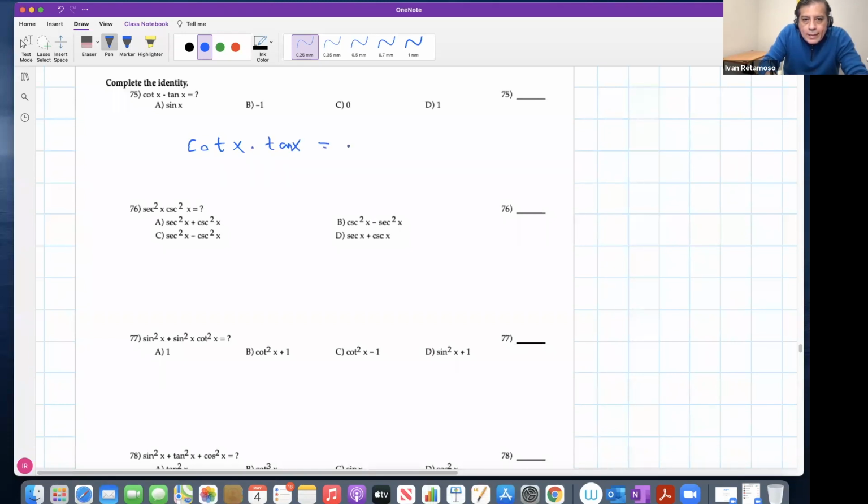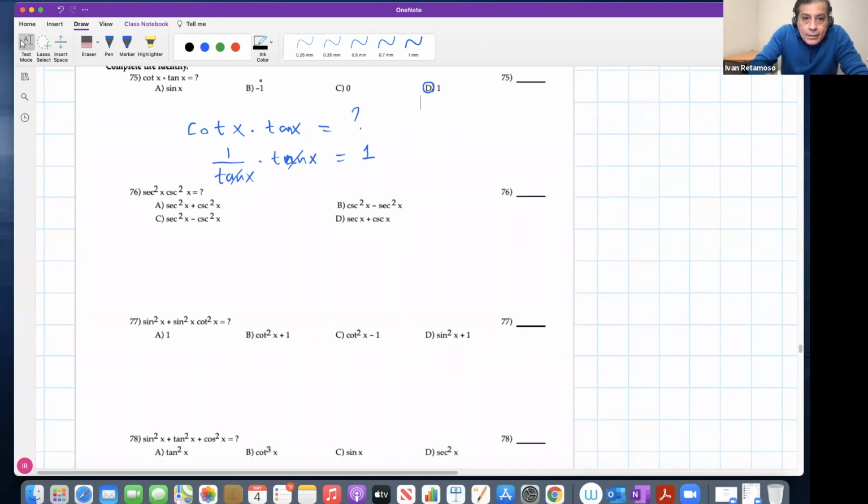Notice that cotangent of x is 1 over tangent of x, and if you multiply 1 over tangent of x by tangent of x, these two cancel. This is just 1. Or if you write tangent as sine over cosine, this cosine over sine also gives 1.